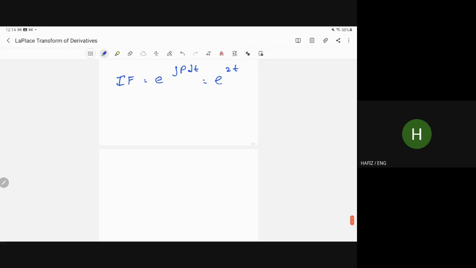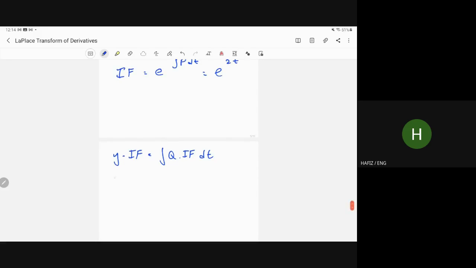Then we use the equation. Q just now is 10, IF is e^(2t).